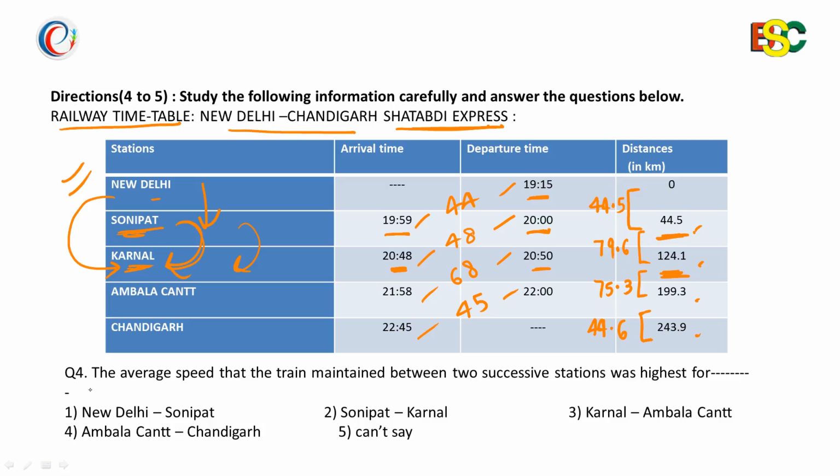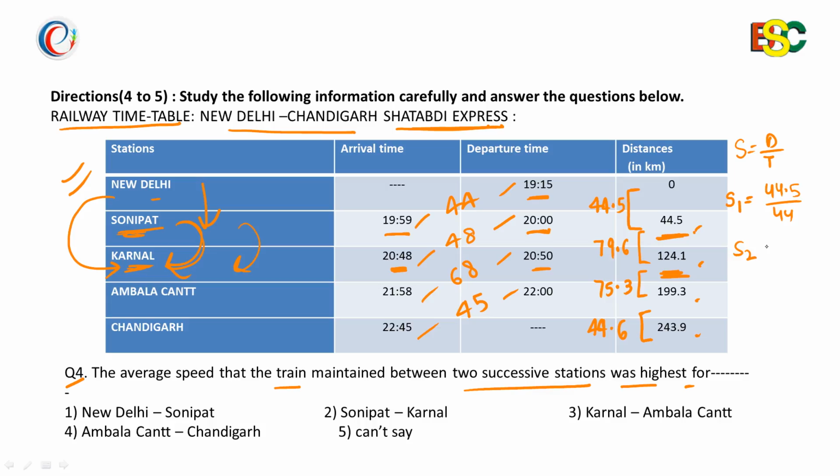Now have a look at the first question on this table. It says the average speed that the train maintained between two successive stations was highest for. Basically, you have to find the highest average speed between two stations. As we all know, the formula of speed is distance upon time. So the speed of the train between New Delhi and Sonipat becomes 44.5 over 44.